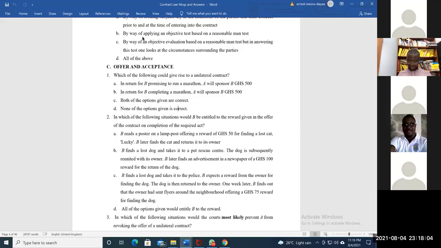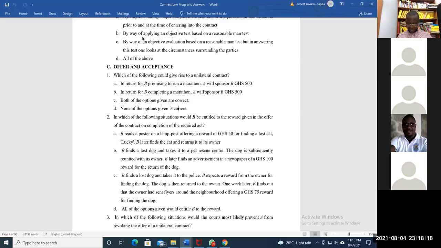B must accept it, if at all, by performing the act, because no return promise is requested. At no point is B bound to perform. If B does perform, a contract involving two parties is created, but the contract is classified as unilateral because only one party is ever under an obligation.